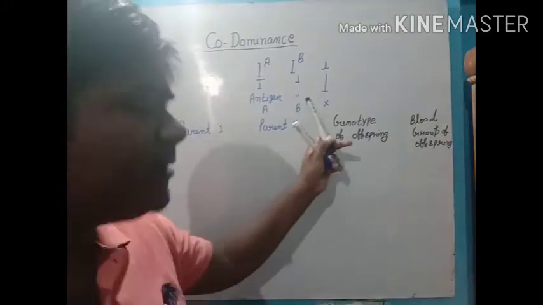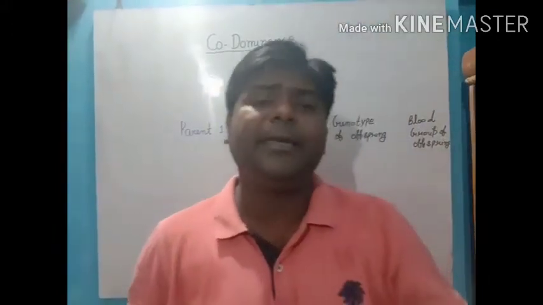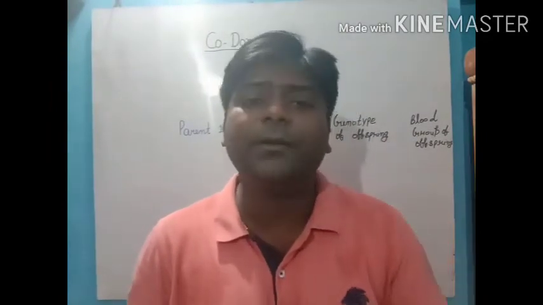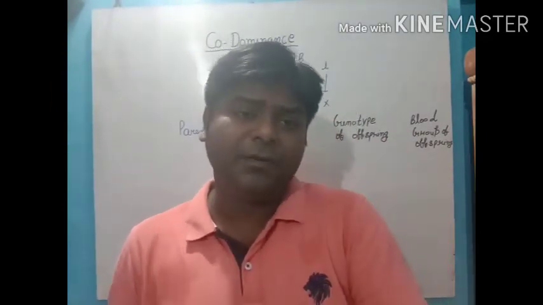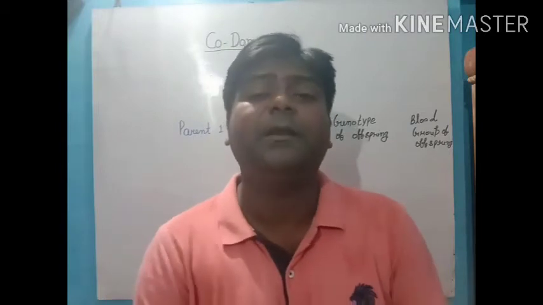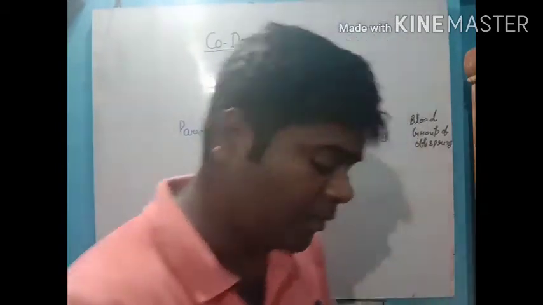Parent 1 and parent 2 are mating, we have the formation of the genotype, and then we will have the determination of the blood group. We know this concept.